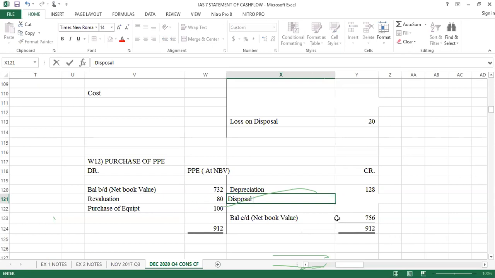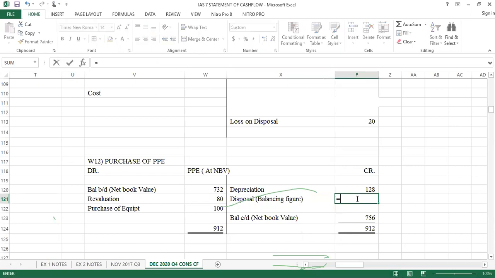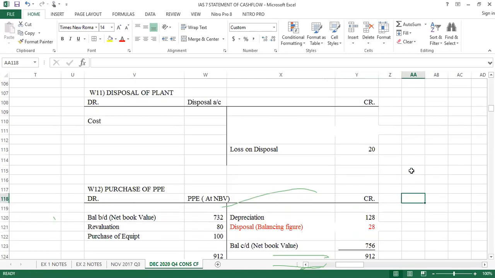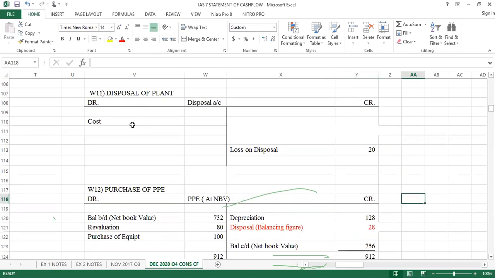Disposal is the balancing figure. So what was disposed? 912 minus 128 minus 756 is 28. I'm putting it in red because it is a balancing figure. So that 28 is the cost of the asset that was disposed.